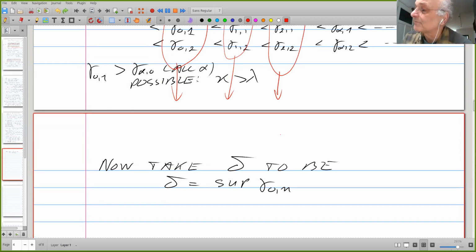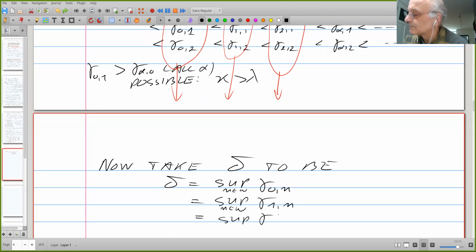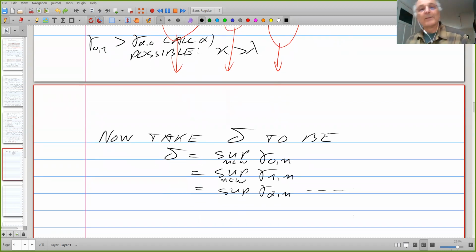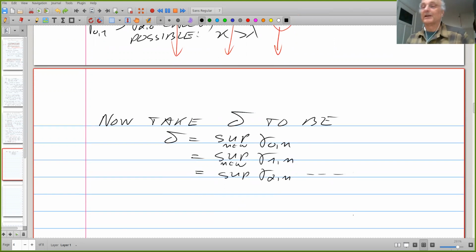So it's the supremum of the gamma 0 n, it's the supremum of the gamma 1 n, it's the supremum of the gamma alpha n for every alpha less than lambda.